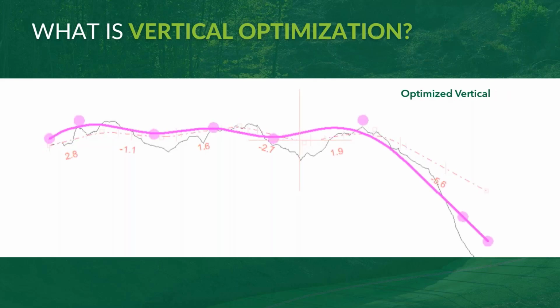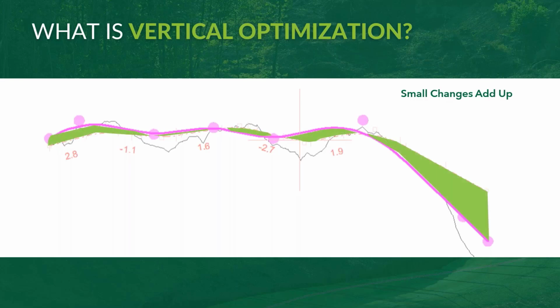And all those little changes that we would get through an optimized vertical add up tremendously. We've had some research studies done on the tool, and anywhere between 10 to 30% of your subgrade construction costs can be reduced through utilizing vertical optimization. So what is it? Fancy math minimizes earthworks based on cost.